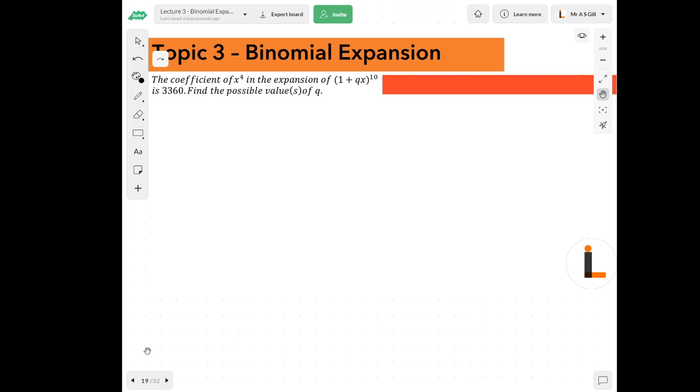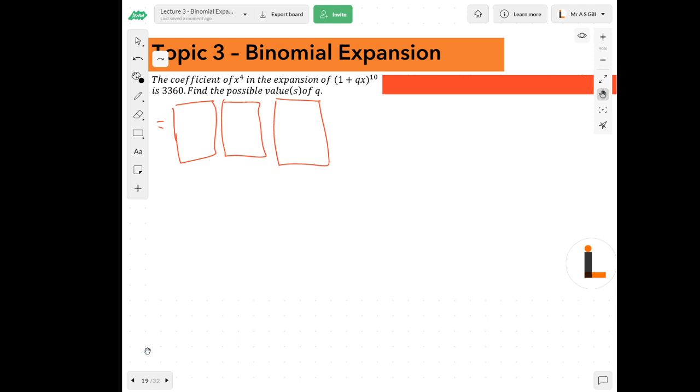This question on the left-hand side, the first thing we want to do is find that x to the 4 term. So again, I'm going to set up my 3 boxes.